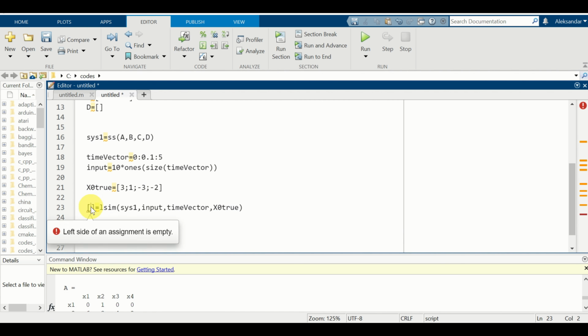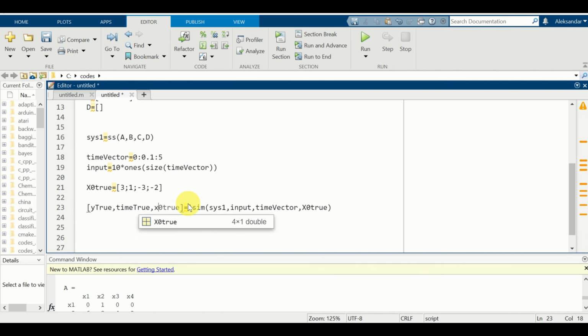The outputs, that is the values returned by LSIM, are the output of the system. I will denote it by y true, time used in simulation, and the state sequence. Okay, so let's simulate our system.